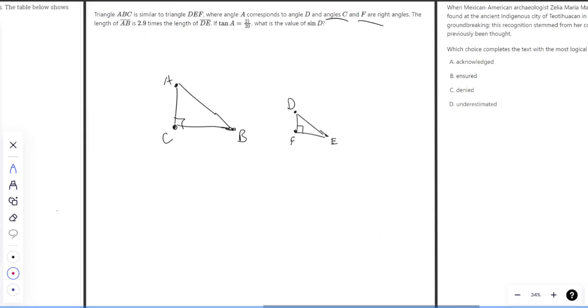Then the length of AB is 2.9 times the length of DE. This is 2.9 times this. This is like X, and this is 2.9X. But that's not going to be relevant if we're talking about angle measures, right? It says the tangent of A is 21 over 20.